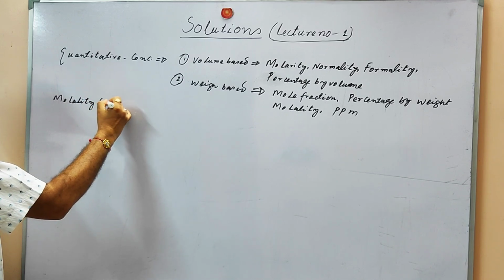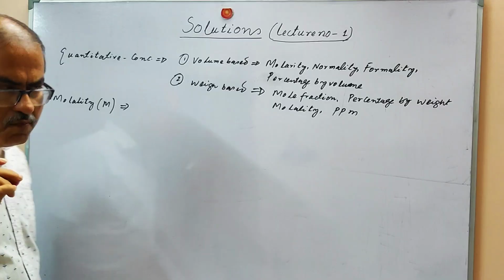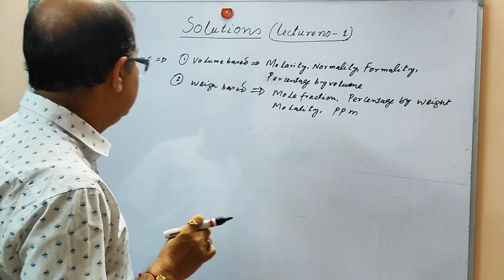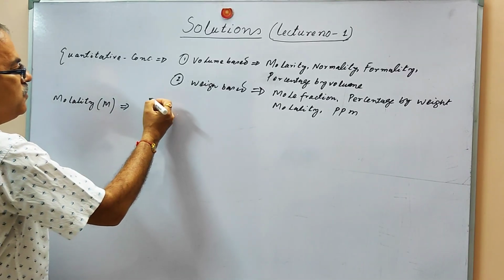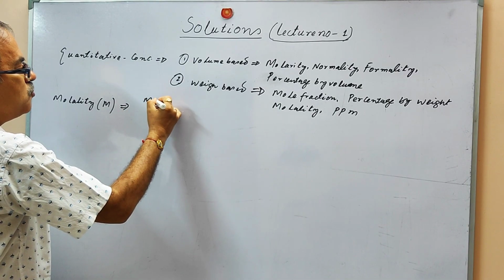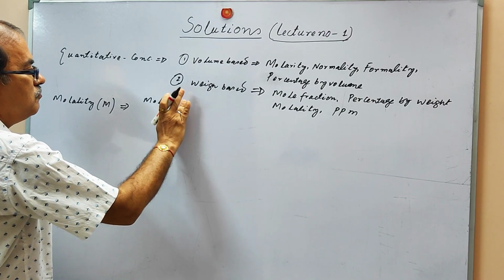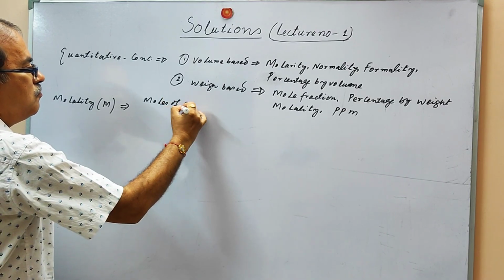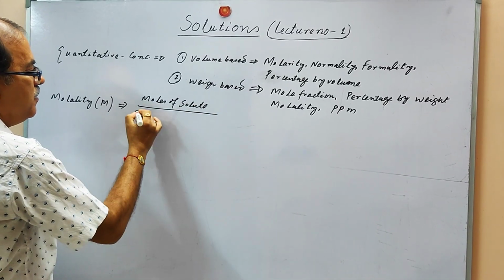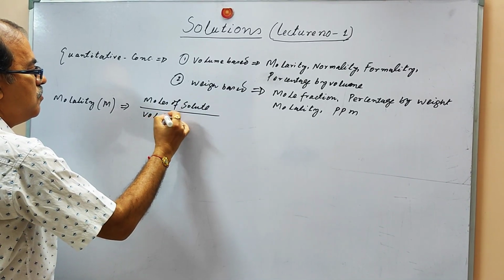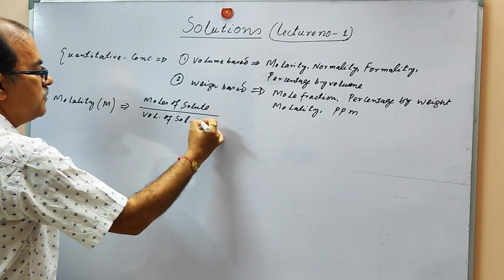Molarity is basically represented by capital M. It is the number of moles present in 1 liter volume of the solution. So for molarity, we can write moles of solute divided by volume of solution in liter.